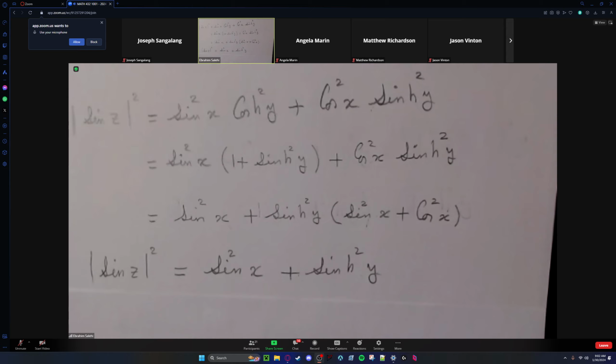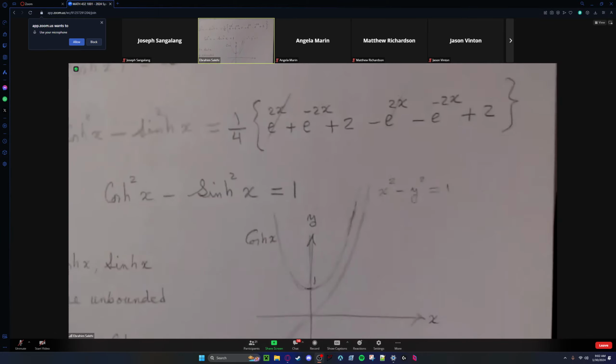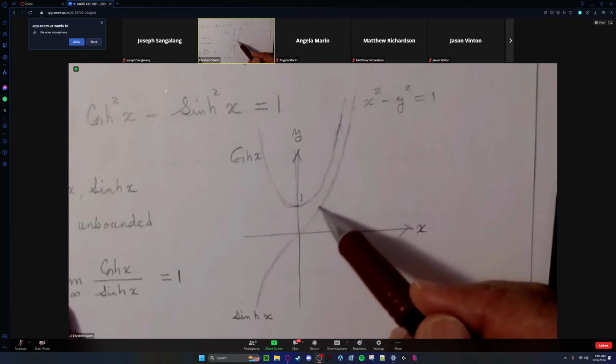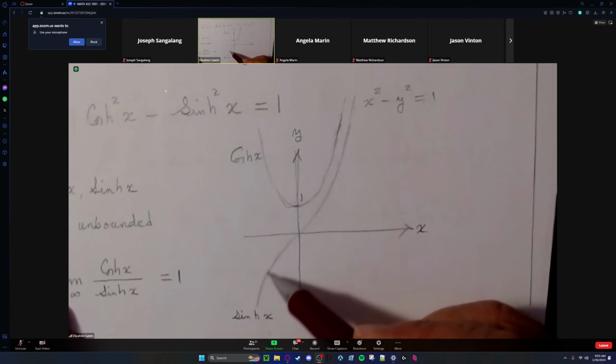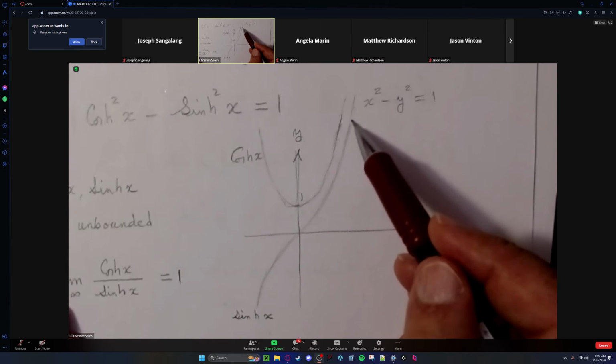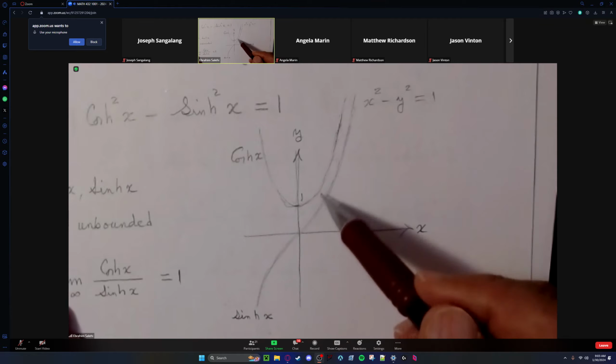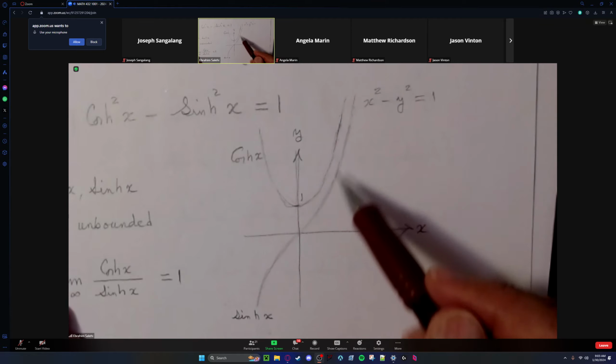Okay. Let me show you the picture of sine hyperbolic. This is sine hyperbolic. The values go from negative infinity to infinity.